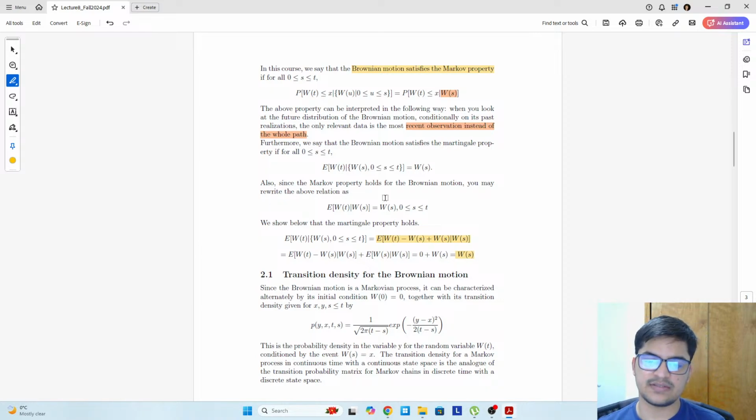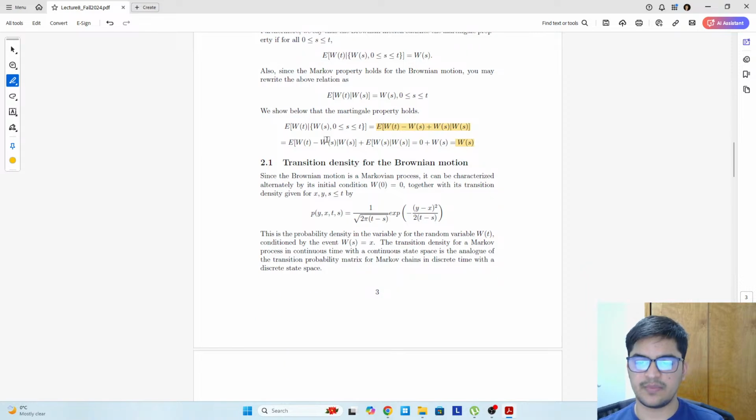And the second thing it says is that it follows the martingale property, which says that the expectation of Wt, given that we have information until Ws, where s is smaller than t, is equal to E of Ws, which is Ws.